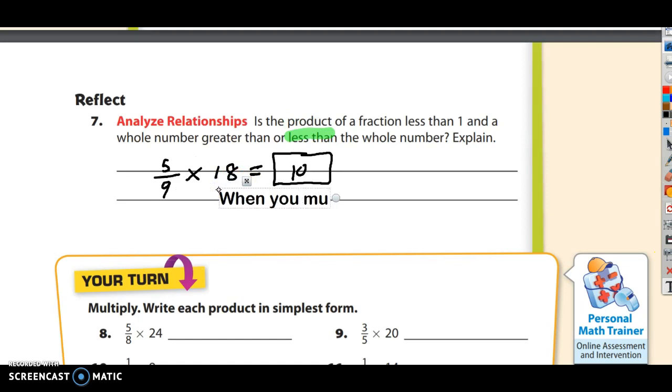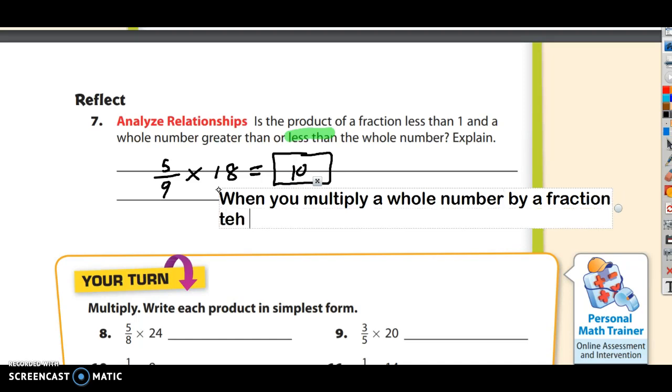When you multiply a whole number by a fraction, the product will be less than the whole number.